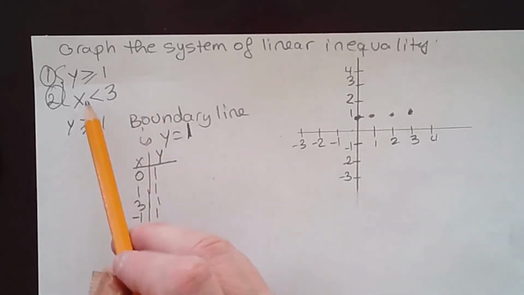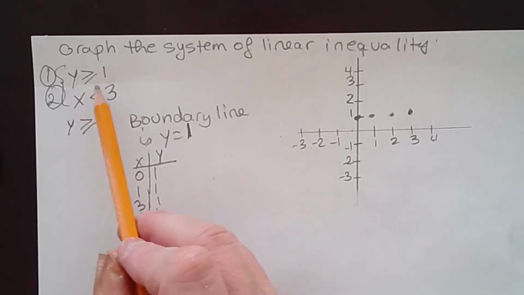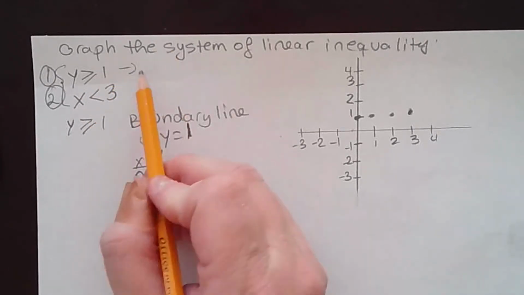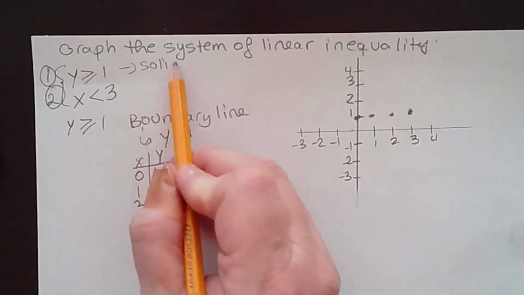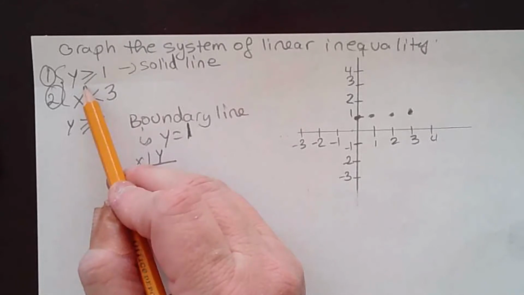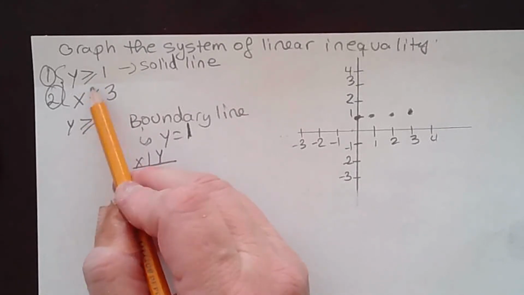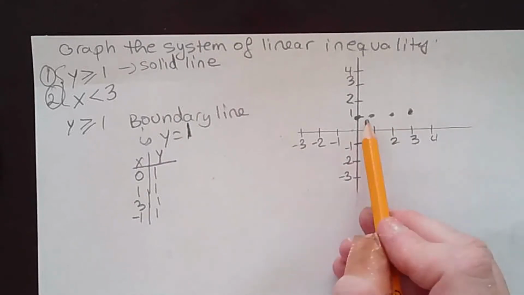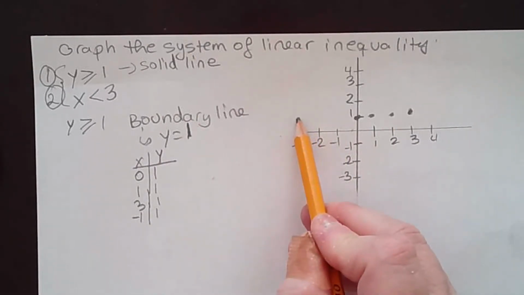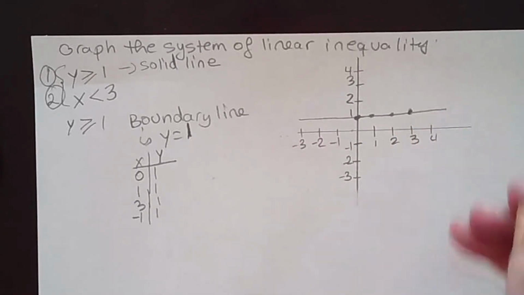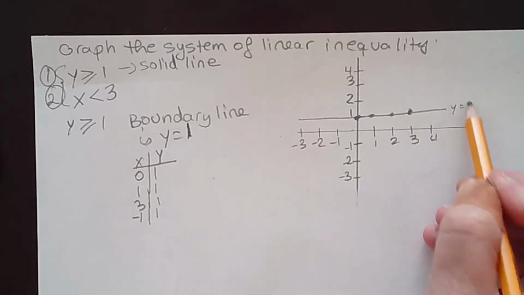And if you notice the y greater or equal to 1 here, the line is included. That means we're going to have a solid line. It's a solid line because I have greater or equal. The boundary line is included because I have the equal here. So I have a solid horizontal line, and here is my horizontal line, y equal to 1.